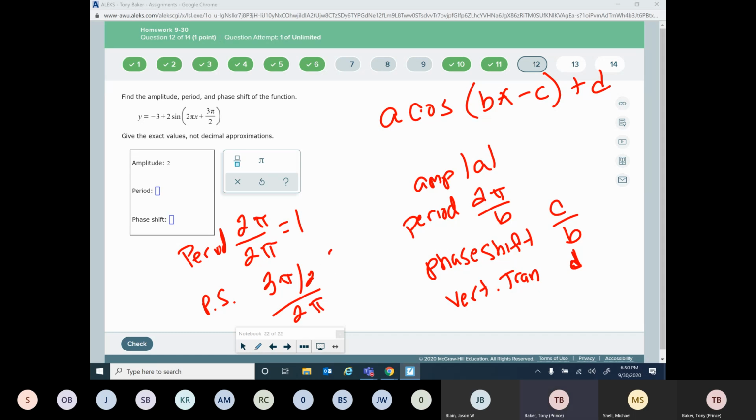So I get 3 pi over 4 pi, which is 3 over 4, is my phase shift. So my period's 1, and my phase shift is 3/4.